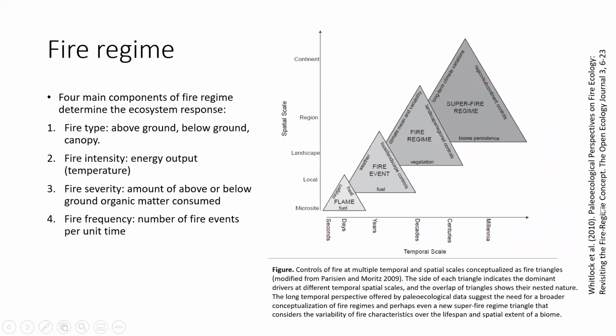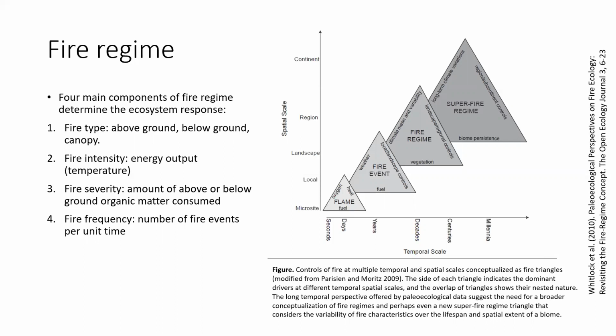So then when talking about fires, the important concept is fire regime, and it determines the effect and how the ecosystem will respond. So I already talked about the fire type, so if it's above ground, below ground, or in the canopy.